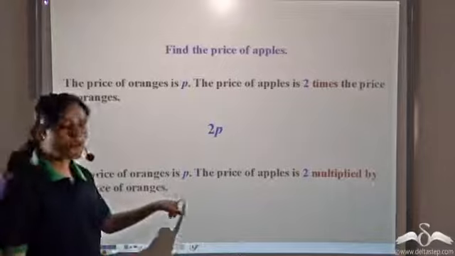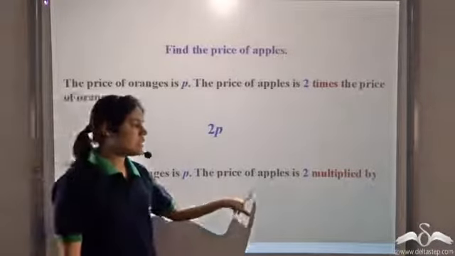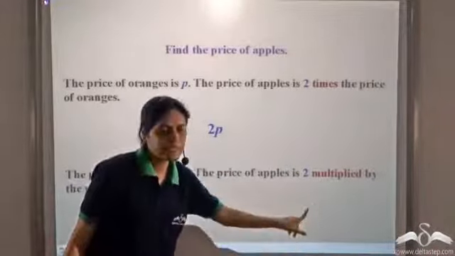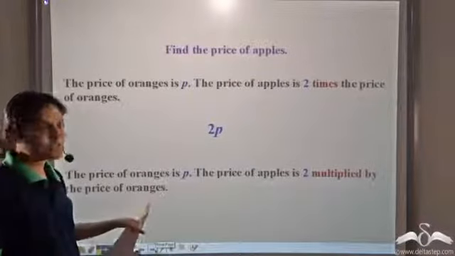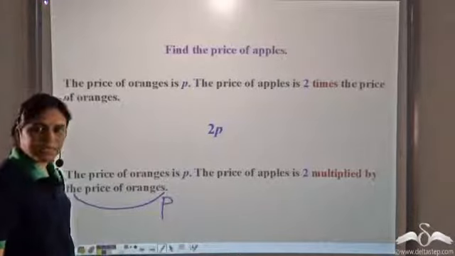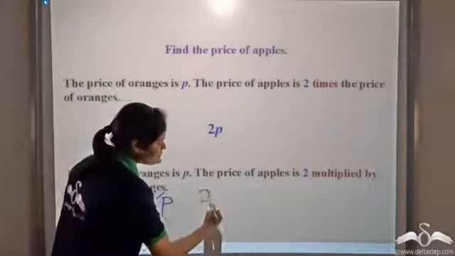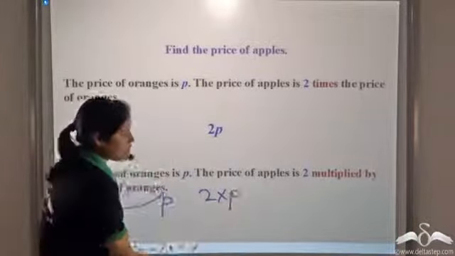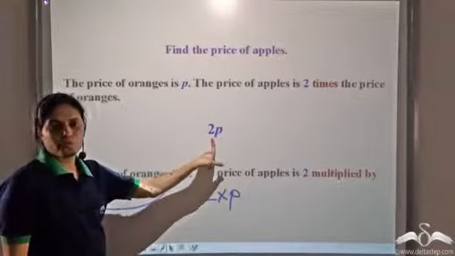Now the price of oranges is P. The price of apples is 2 multiplied by the price of oranges. That is 2 multiplied by P. So we have 2 into P, which again gives us 2P.